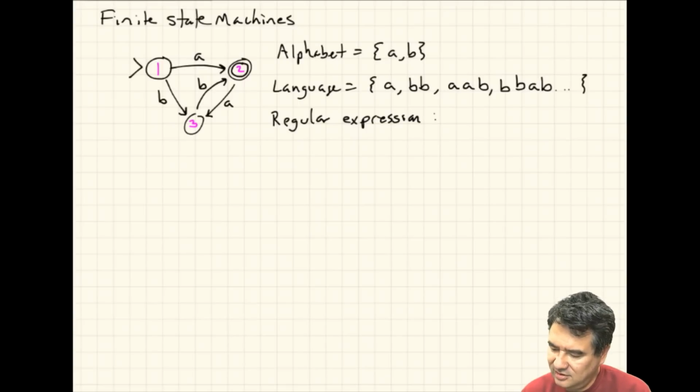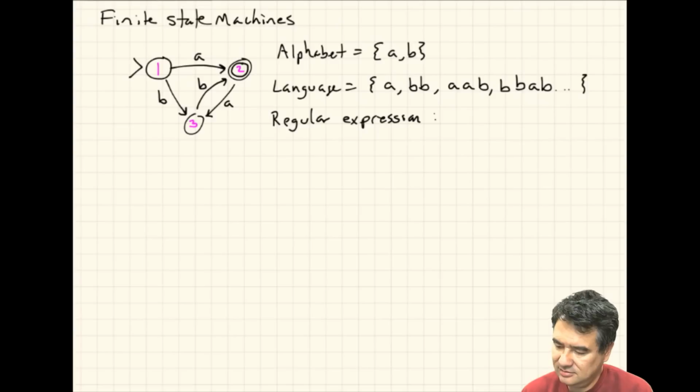What I see is that if we start here and we go down the A branch, then the only way to get back to the accepting state is to go A, B. So starting in here, we go A and then A, B as many times as we need. The other way is to start here at number 1 and go B, and then go B, A, B as many times as we need. You see that? Start at 1 and go B, and then B, A, B. And then A, B, A, B, A, B.